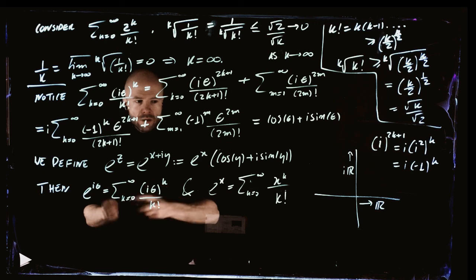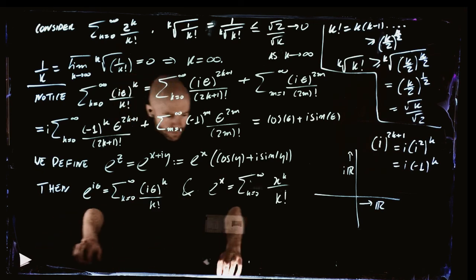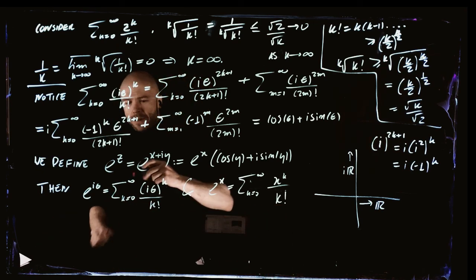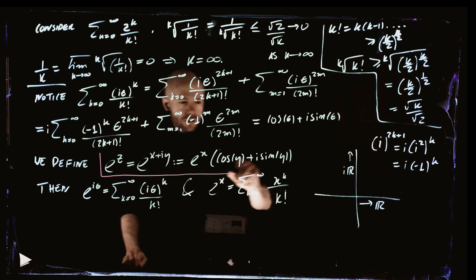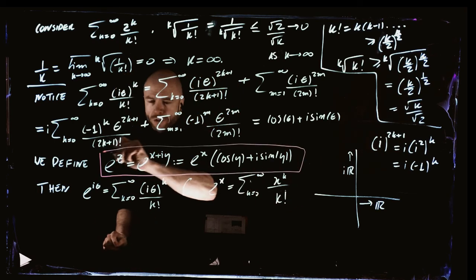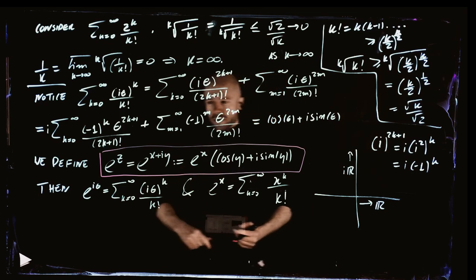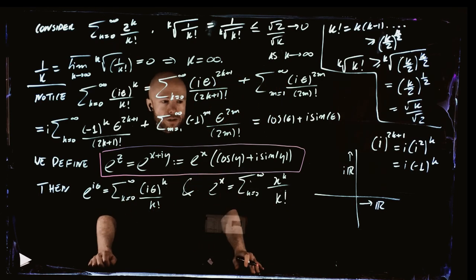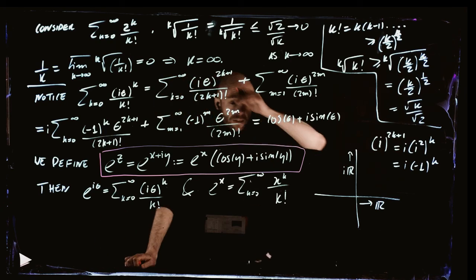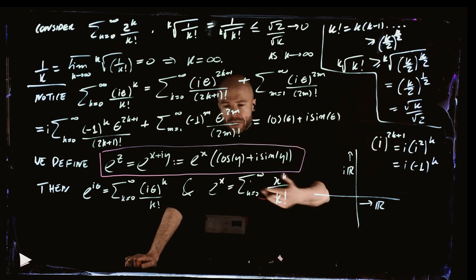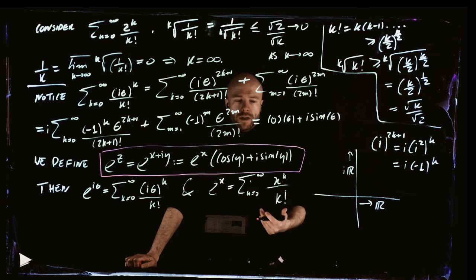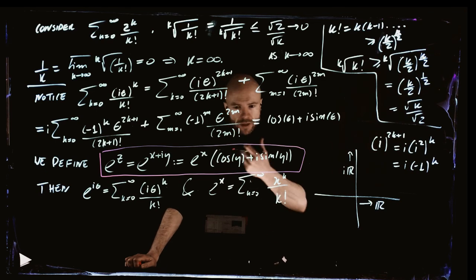What you can check pretty easily is that if you define this function like this, and this is a perfectly well-defined function from the complex numbers to the complex numbers, then this thing satisfies the Cauchy-Riemann equations. Just do that calculation. However, based on what I've shown you, that doesn't imply that it's holomorphic yet, because what I've shown is that if it's holomorphic, then it satisfies the Cauchy-Riemann equations.